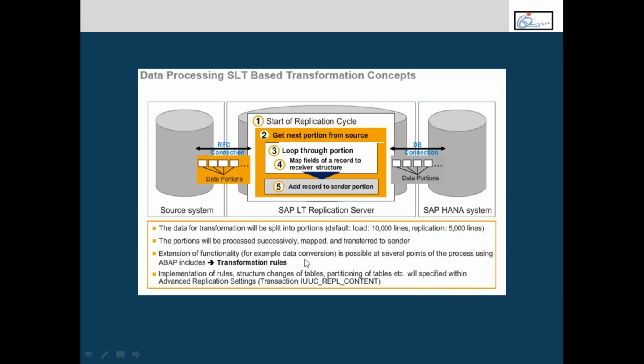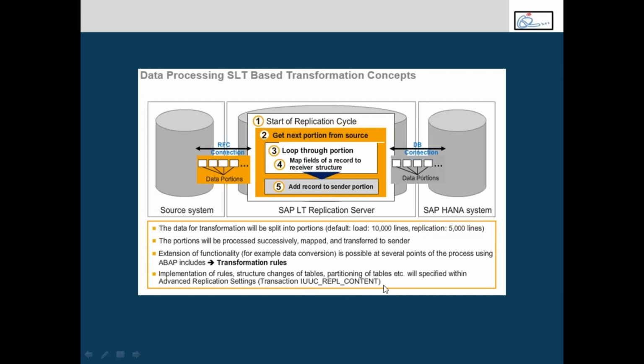And for all these transformations, like modifying, structural changes, filtering, when you want to perform those transformations in SLT, if it is prior to DMIS 2011 SP5, an older version, we use the T code IUUC_REPL_CONTENT. This is the T code to perform all the transformations.